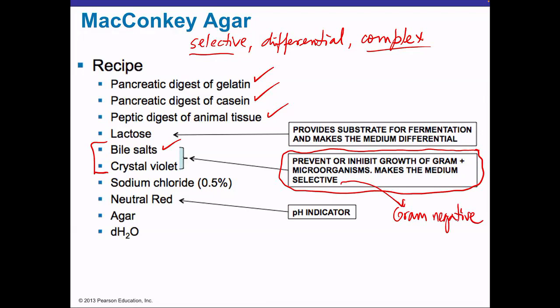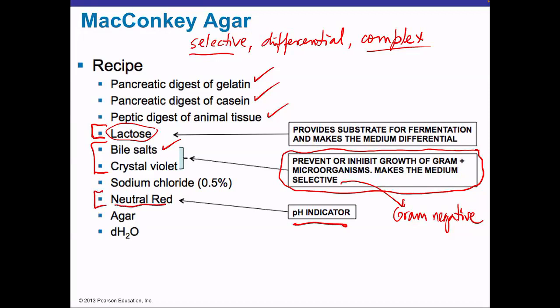So only the gram-negative bacteria can grow there, but the gram-negative bacteria that may grow in this medium can be differentiated based on the ability to ferment lactose or not. The differentiation is going to be achieved thanks to the presence of a pH indicator that in this case is neutral red.